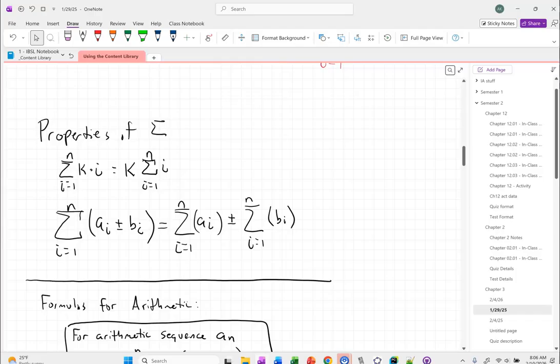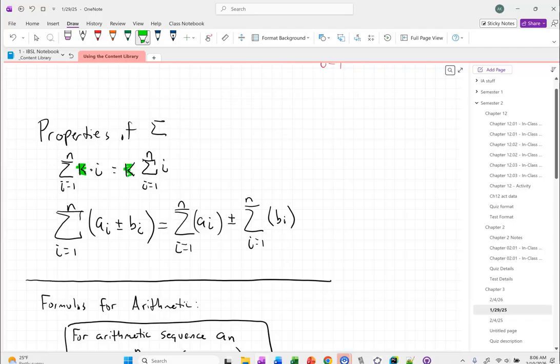All right. So a couple of properties about summations. One is that you can factor out a constant outside of the sum. So for example, the sum of 2i is the same as 2 times the sum of just i. Everybody okay with that idea?